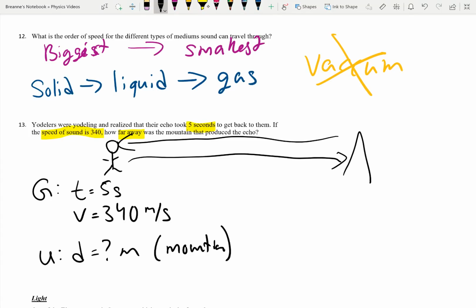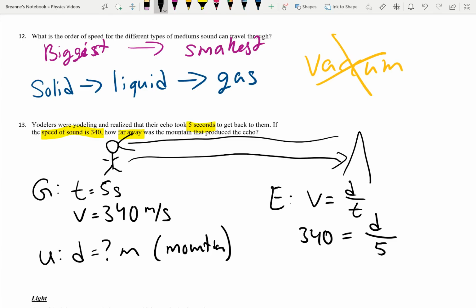So we're just going to use our equations going back to 1D motion, because v just equals distance over time. That's why you have meters per second. And so our velocity is 340. We're looking for our distance, and we have our time.